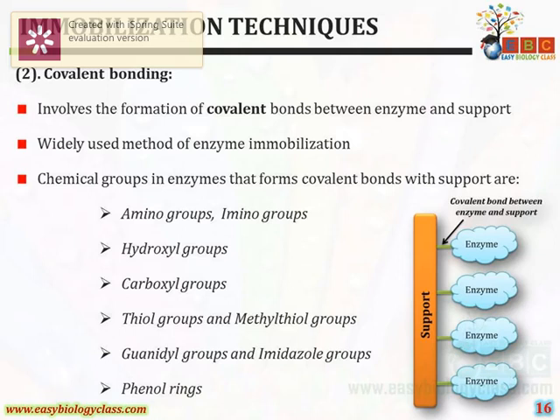The chemical groups in enzymes that form covalent bonds with support systems may be amino groups, imino groups, hydroxyl groups, carboxyl groups, thiol groups, methyl thiol groups, guanylyl groups, imidazole groups, or phenol rings. These functional groups are used to link the enzymes to their matrix. And these many groups may be present on the matrix, or on the enzymes.